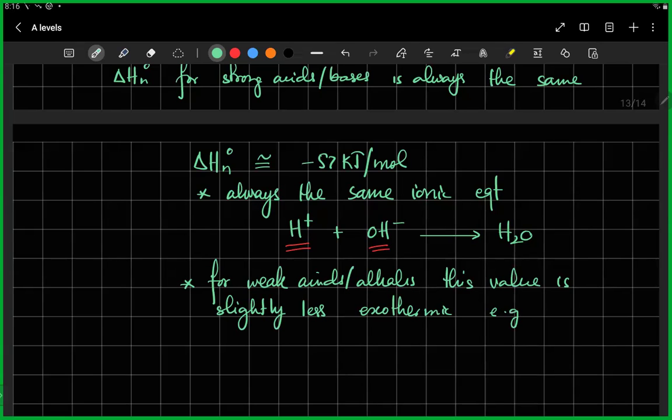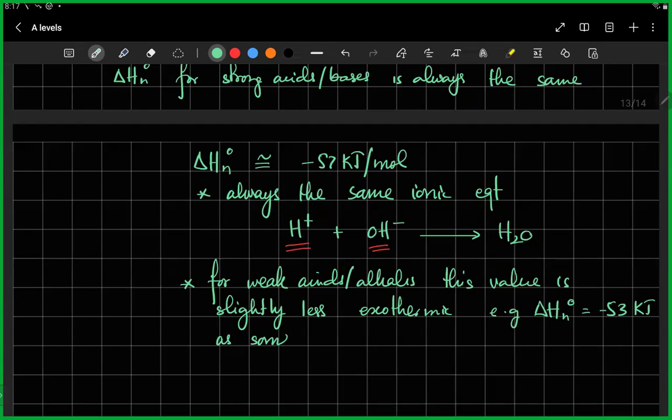My example होगा कि delta HN would be minus 53 per mole. ठीक है? अच्छा, the reason is it's slightly less exothermic as some energy gets used.